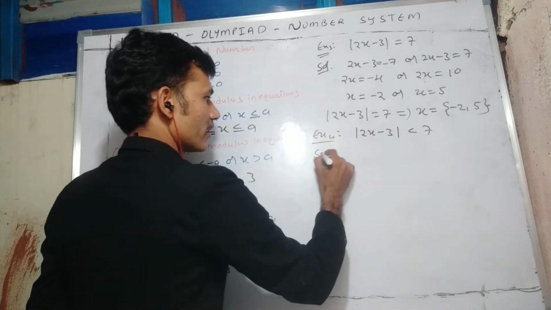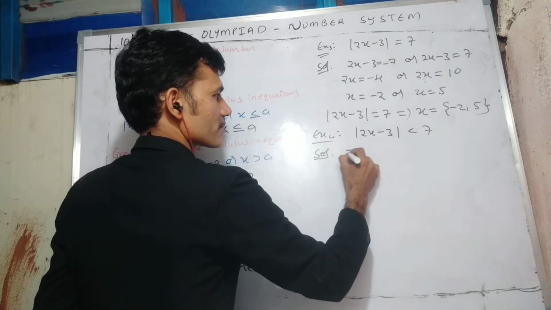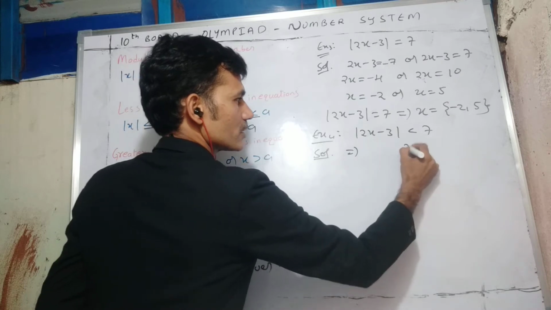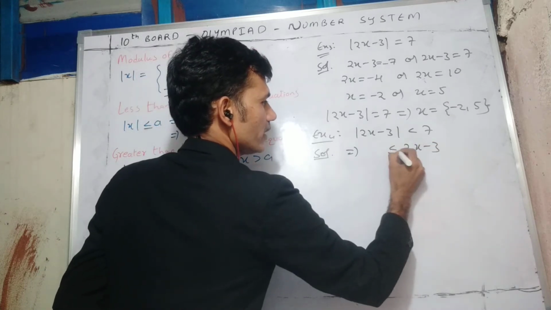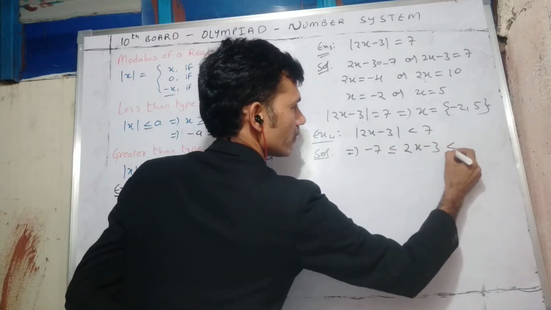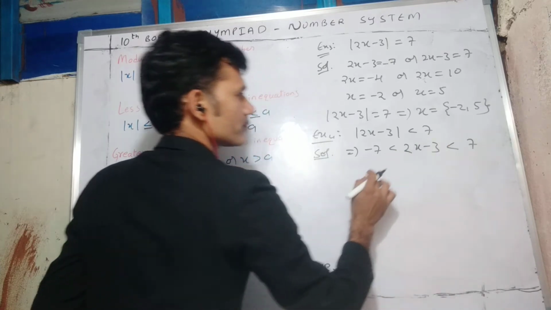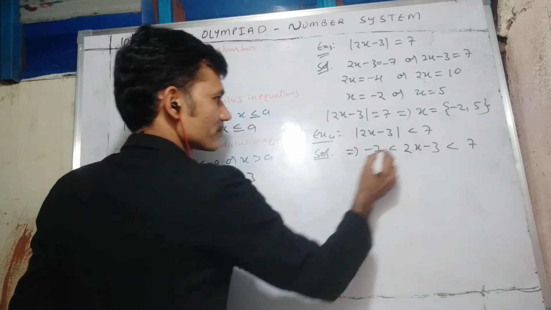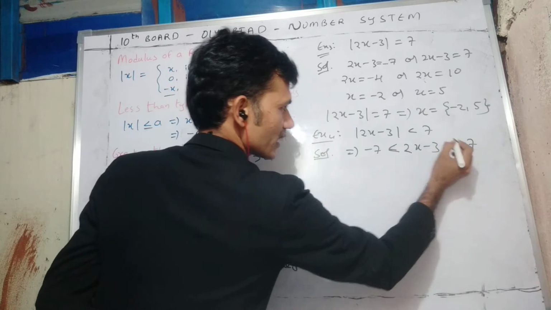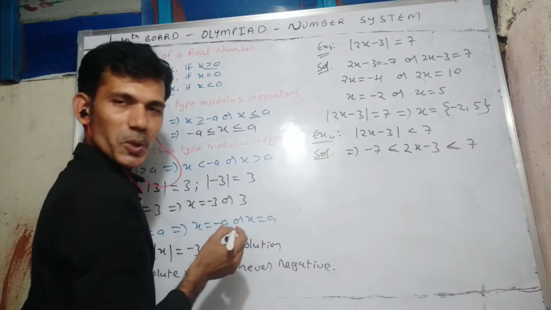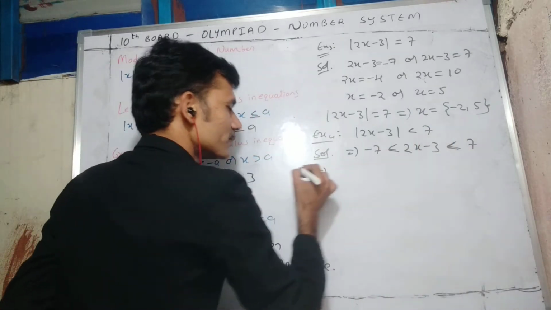So here directly we'll write: this implies 2x minus 3 lies between minus 7 and 7. There less than means here less than; there less than or equal to means here less than or equal to will come. Okay. Now what you can do?